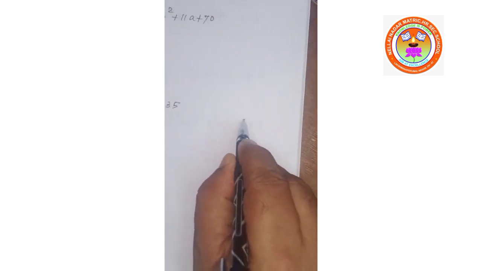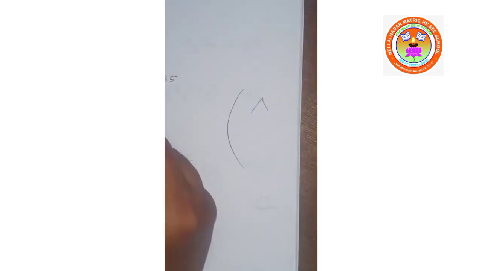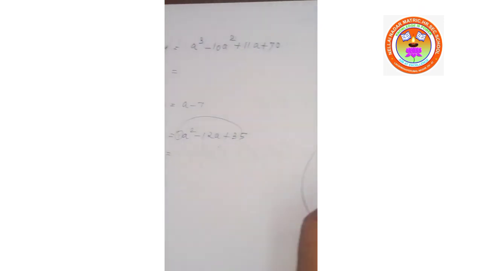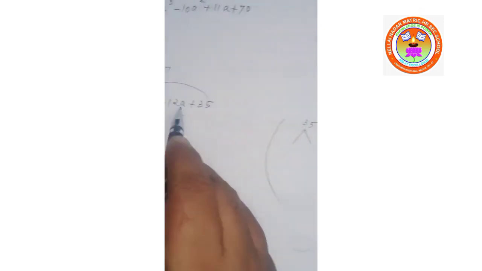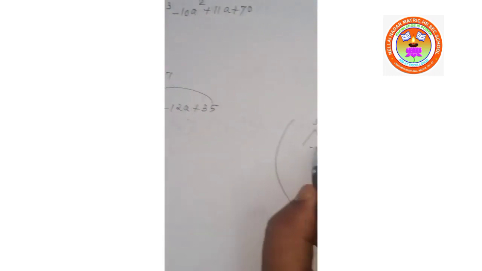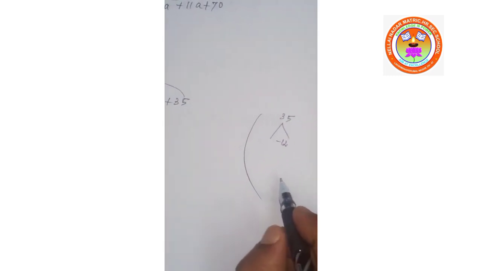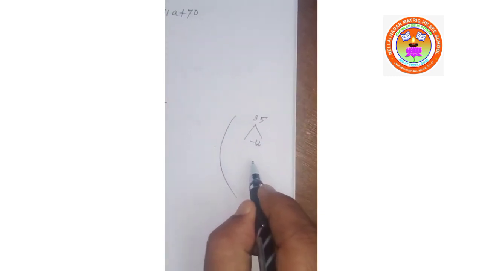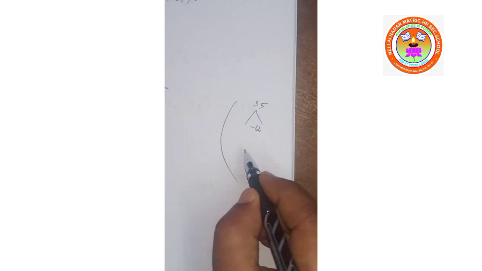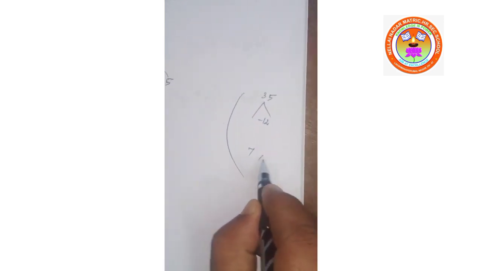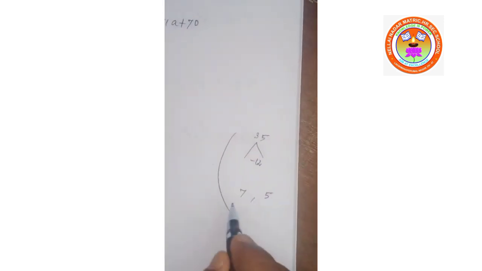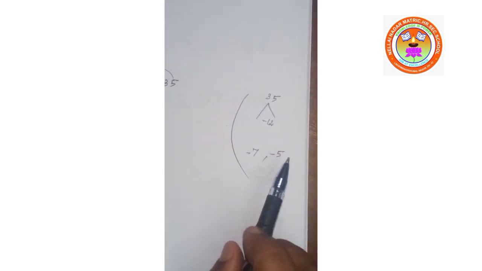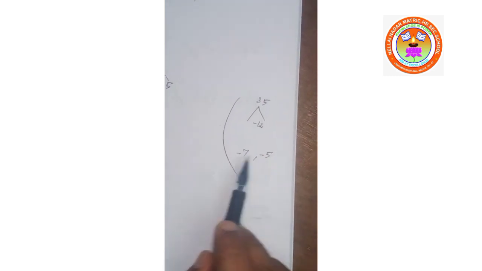Coefficient of a squared is 1. 1 into 35, 35. Coefficient of a is minus 12, right? Product 35, sum minus 12. Obviously the two numbers are 7 and 5. Introduce negative for both the numbers. Now we can verify. Minus 7 minus 5 is equal to minus 12.